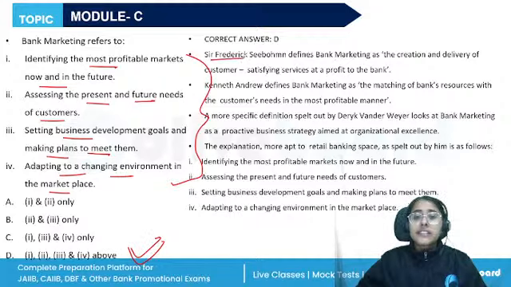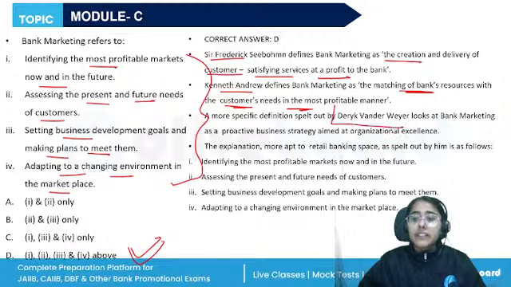Sir Frederick Seaborn has defined marketing as the creation and delivery of customer satisfying services at a profit to the bank. Kenneth Andrew has defined bank marketing as the matching of bank's resources with the customer's needs in the most profitable manner. A more specific definition is given by Derek Vander Veer.